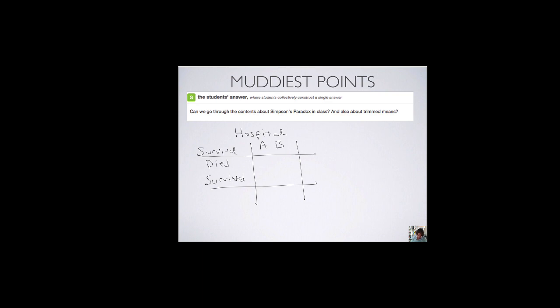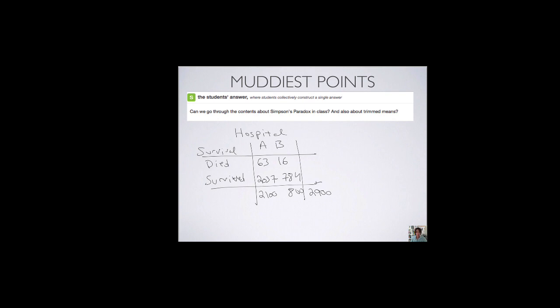Let's suppose that there were 63 people who died in hospital A, 16 people died in hospital B, 2,037 survived in hospital A, and 784 survived in hospital B. So the totals here would be 2,100 and 800, and the total number of patients would be 2,900.